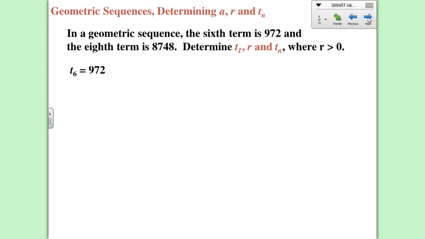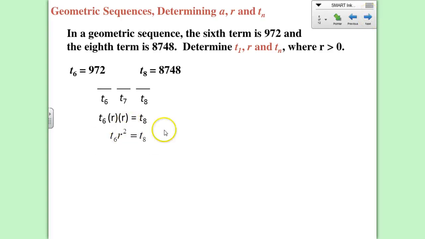Well, they're telling you that term 6, and I'm a big fan of just writing down what they told you in notation. So term 6 is 972. It's right. And they tell you term 8 was 8748. All right. Well, if you map this out in terms of what does it look like, well, term 6 to term 8, as we talked about before, to get from term 6 to term 8, you simply multiply by r twice.